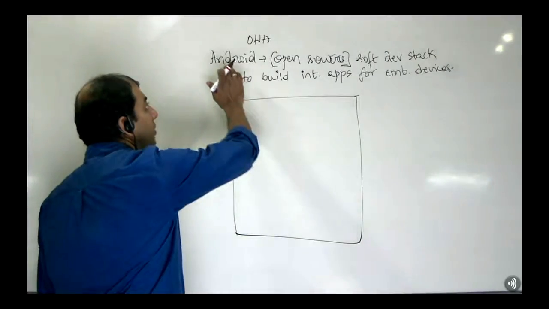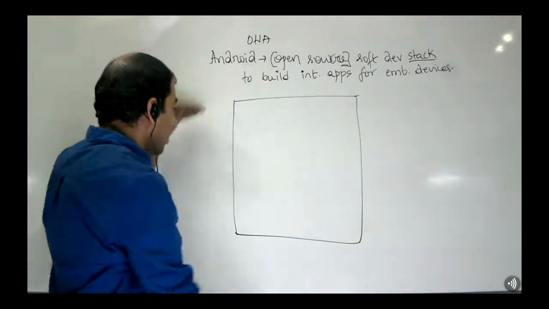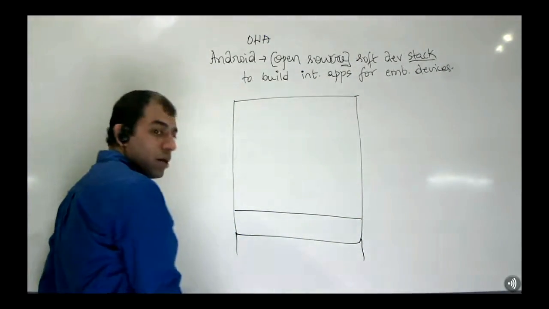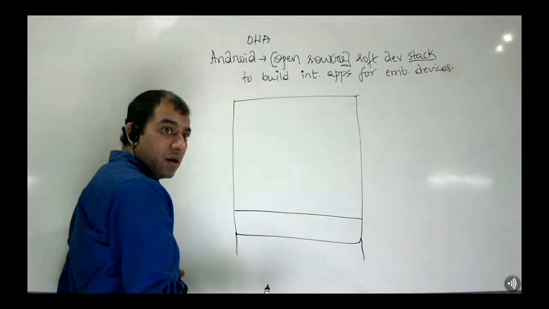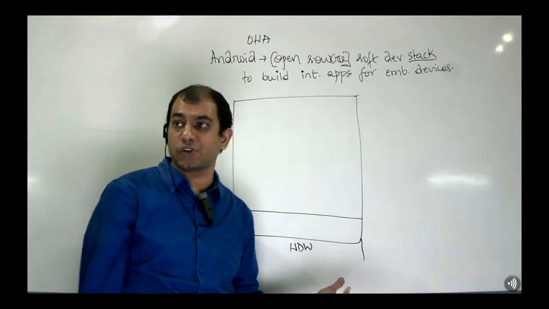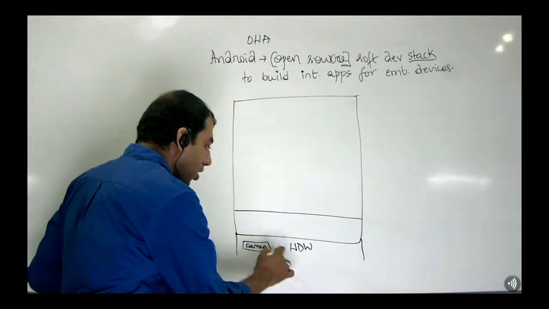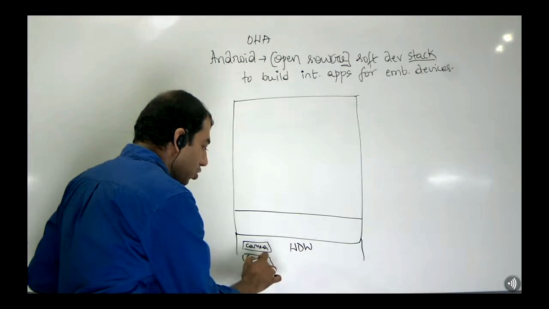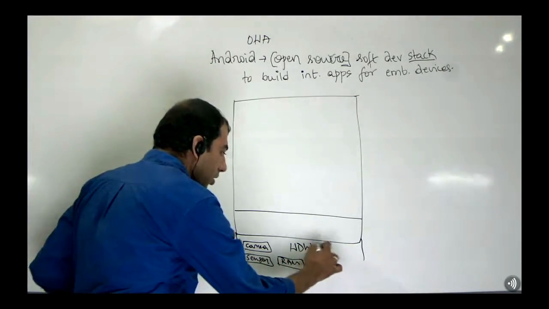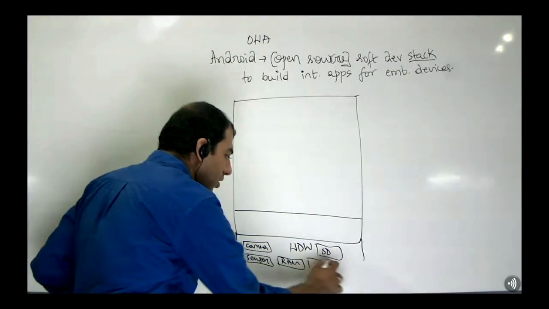So this stack consists of a number of layers. The bottommost layer is formed by your hardware, the actual hardware that the OEM vendor creates, where you have your cameras and all your sensors, you have your RAM, all the speakers, the cards, SD cards, and so on and so forth, right?